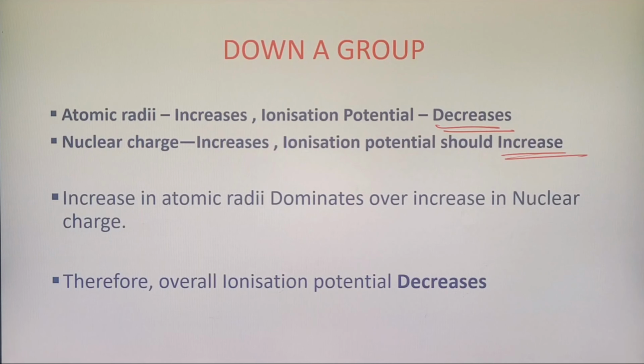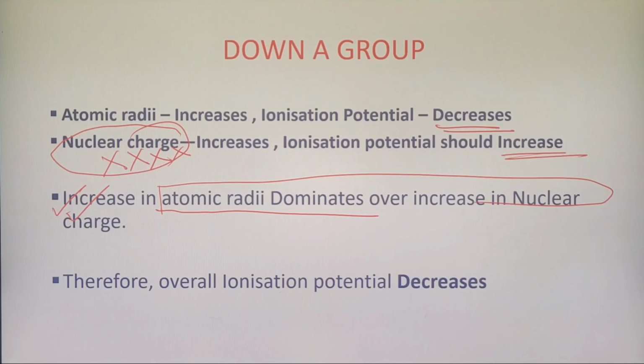Now here comes the question, which one will dominate? Always remember, nuclear charge never dominates. Okay, this is given the least priority. So look at the sentence written here. Increase in atomic radii dominates over increase in nuclear charge. Always remember, wherever there is nuclear charge, you have to ignore that as a factor.